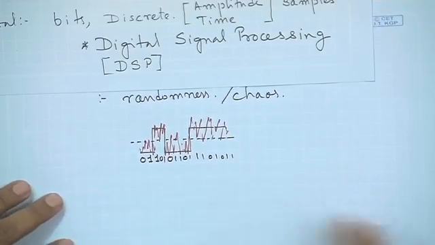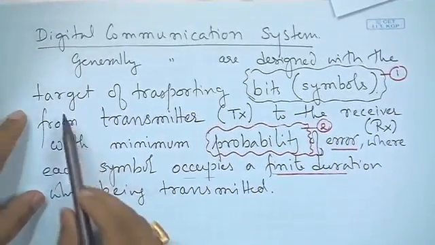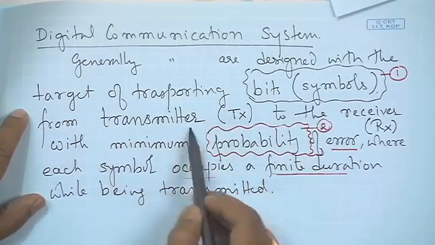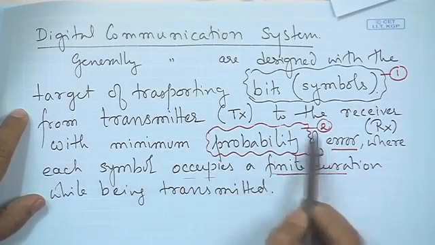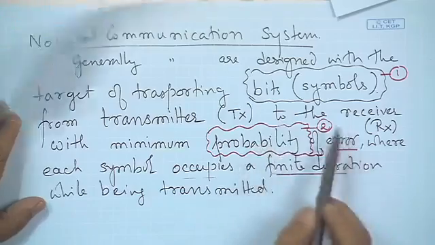So noise is very important, and since this happens, we are left with no choice but to process the signal in such a way that we recover the most and we make minimum errors, and that's how we started off defining the communication system, when we said that the target is transporting bits or symbols from transmitter to receiver with minimum probability of error. Why do we say this?